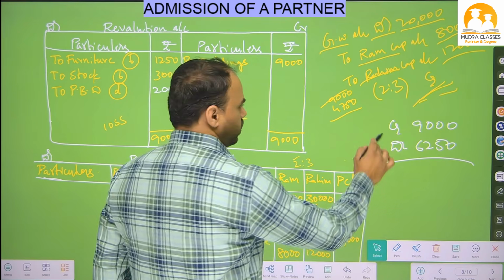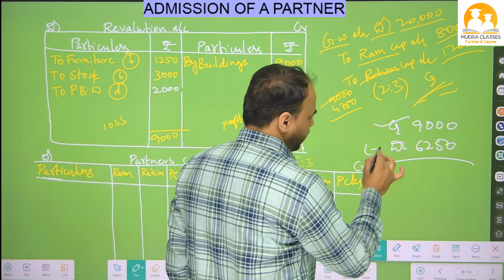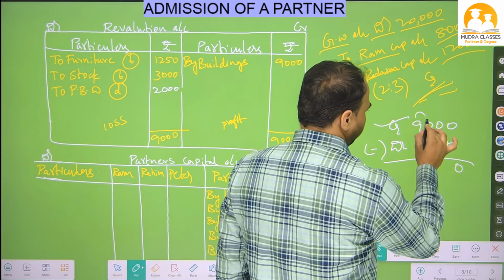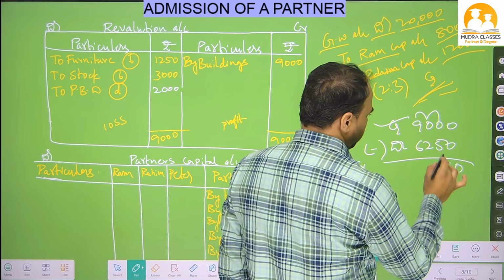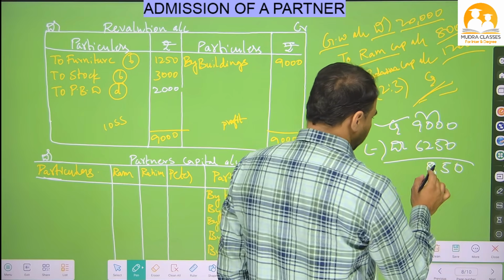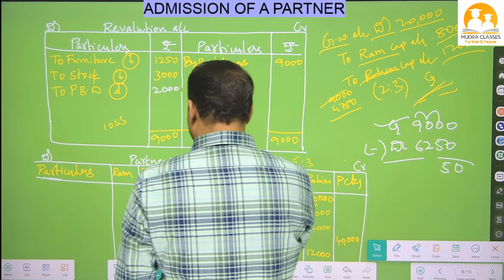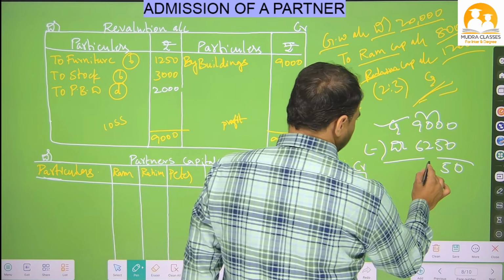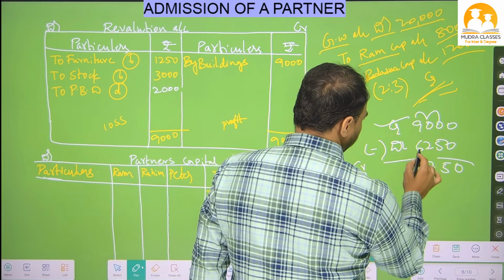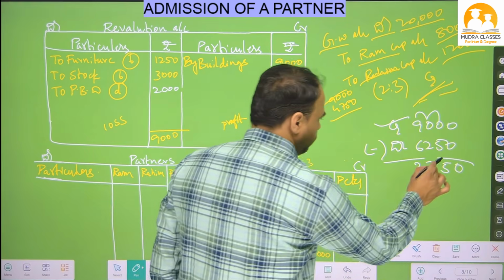In these two, credit is big amount, so both sides write that credit amount, Nana. Now do minus: 10 minus 5, 5. 9 minus 2, 7. Next 8 minus 6, 2. So 2,750 we got, Nana.